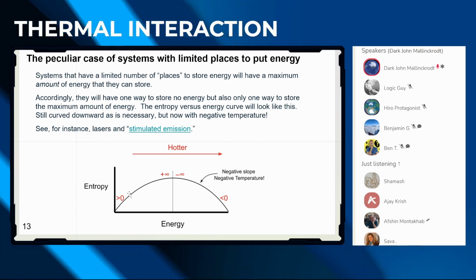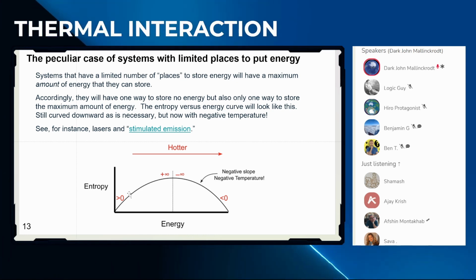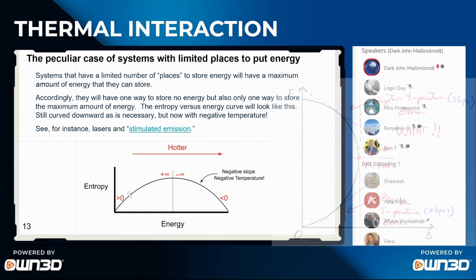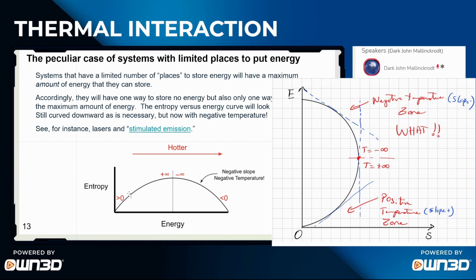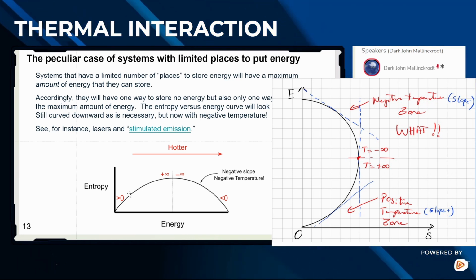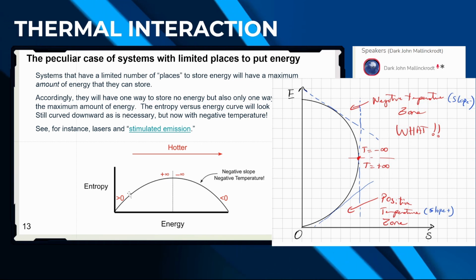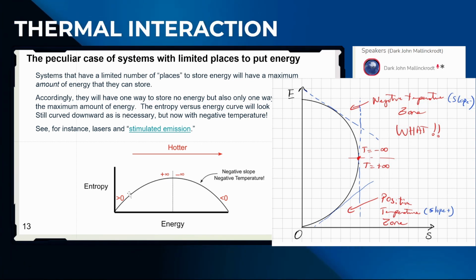Yeah, that's right. So of course that becomes a little more problematic in the case that I've drawn here, because E is not a single valued function of entropy. In other words, if I flip this curve, I'll find that for every possible value of entropy, there are two possible values of energy.